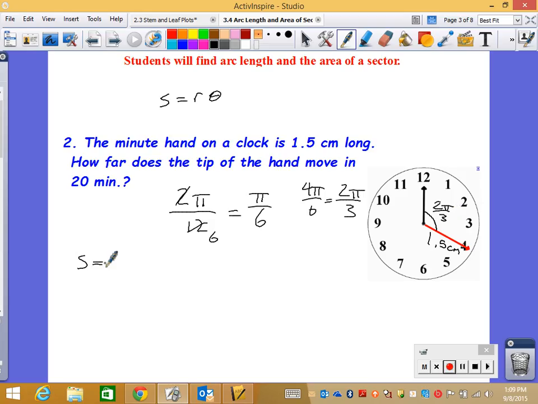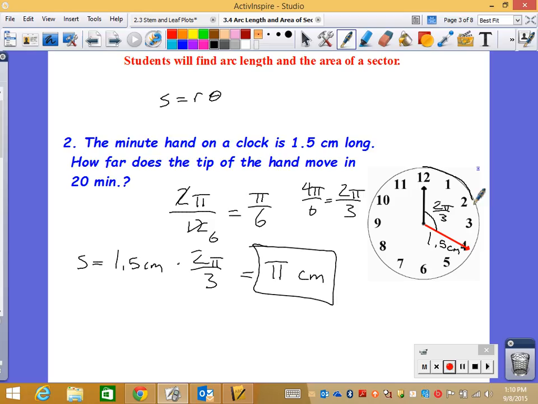S is equal to R, the radius. I know that's 1.5 centimeters in length, times my central angle, or 2 pi over 3, in radians, so there's no units. Simplifying that down, we get pi centimeters. Now it's important to remember that's the distance it travels around the outside of my circle.